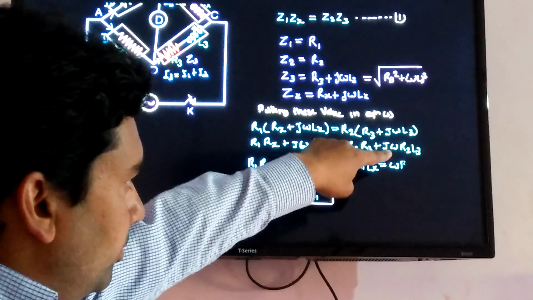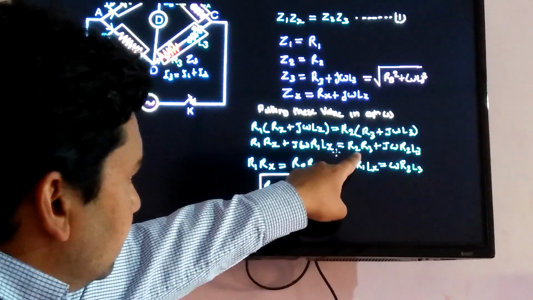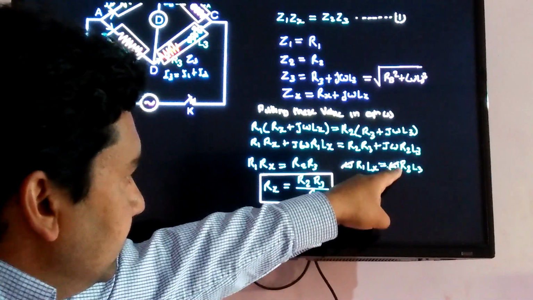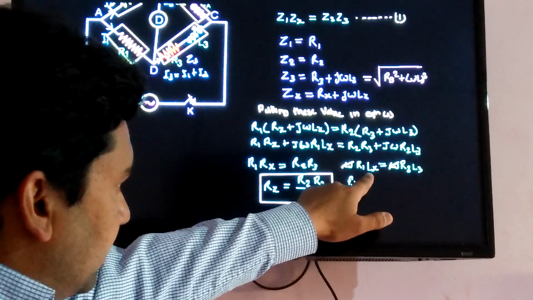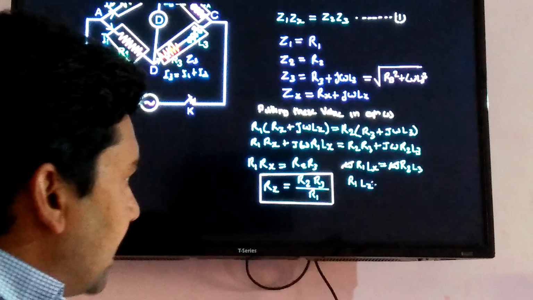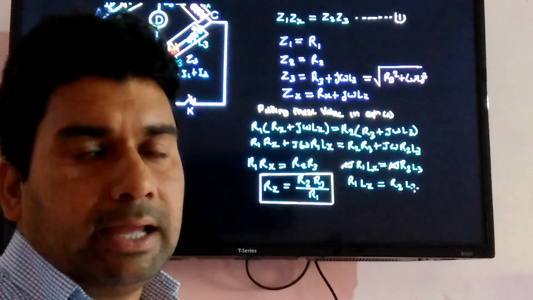This omega cancels with this omega, and it becomes R1 Lx equal to R2 L3.